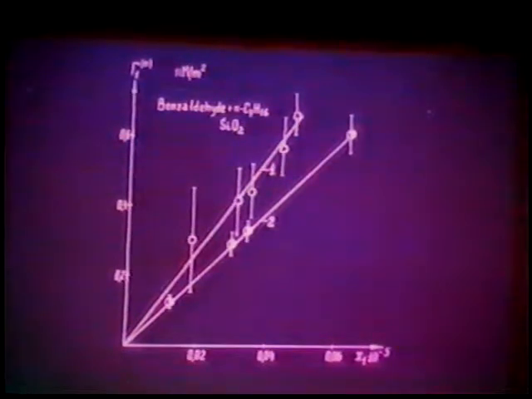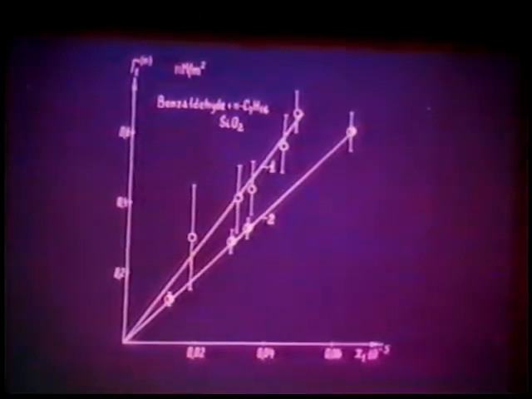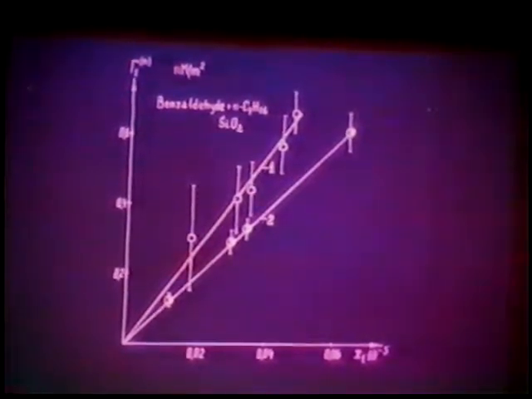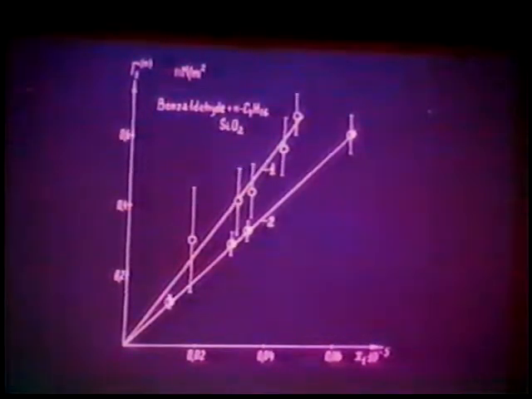As is seen from this slide, for the silica hydroxylated surface, the benzaldehyde adsorption isotherm obtained chromatographically is below the adsorption isotherm obtained by the static method due to the non-equilibrium character of the chromatographic process in the case of benzaldehyde adsorption.